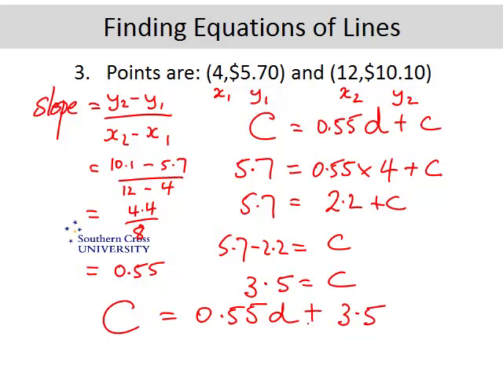That's how much you'll need to pay just to get in the taxi or for it to come to your house or whatever. And the 0.55 in front of the d, timesing by the distance, that must mean 55 cents per kilometre. So that's the meaning that we can attach to those questions.